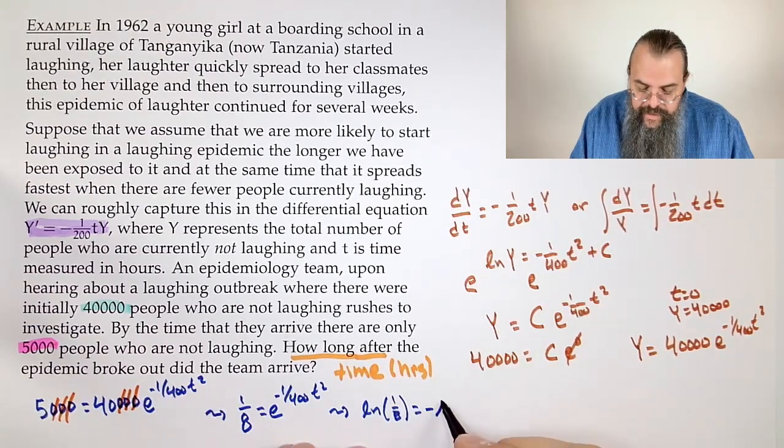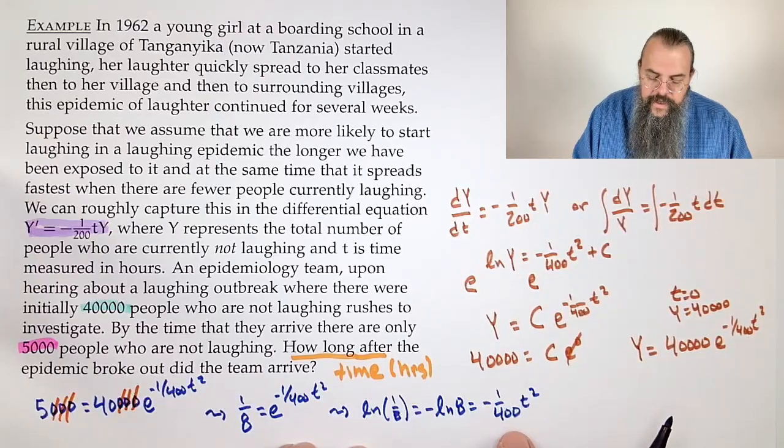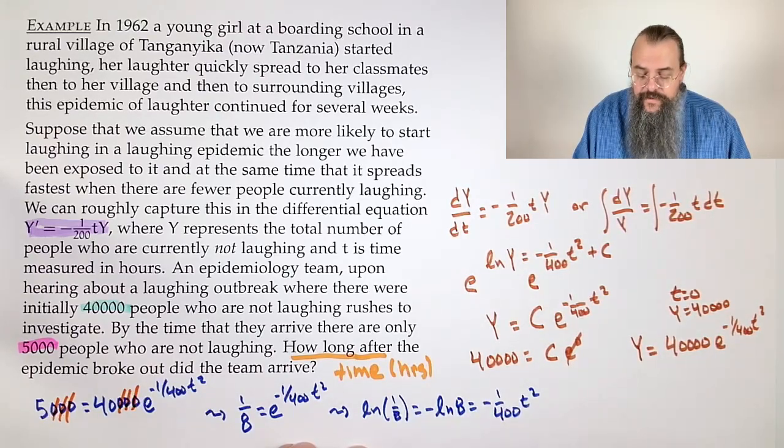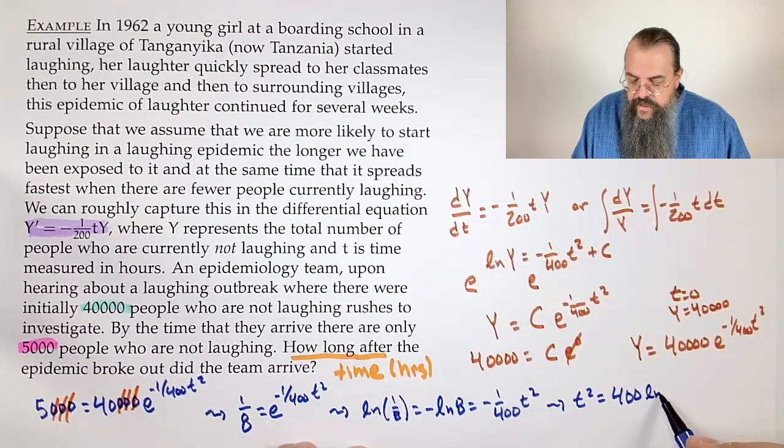So this is the same as minus log 8 is equal to minus 1 over 400 times t squared. Now multiply both sides by minus 400. And so t squared is equal to, the minuses cancel, we get 400 times natural log of 8.